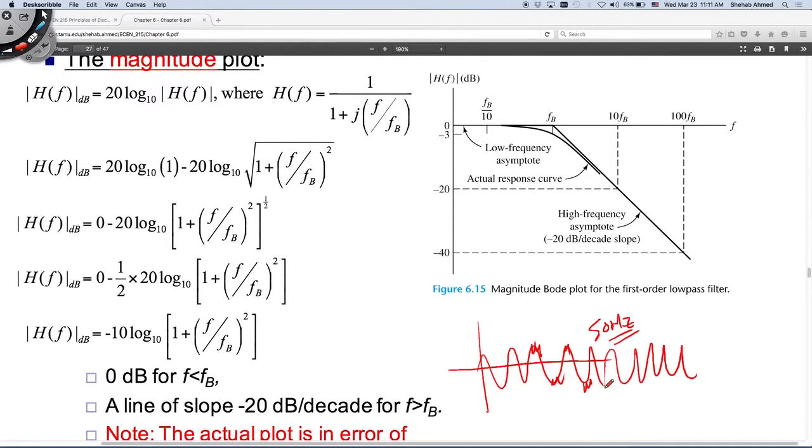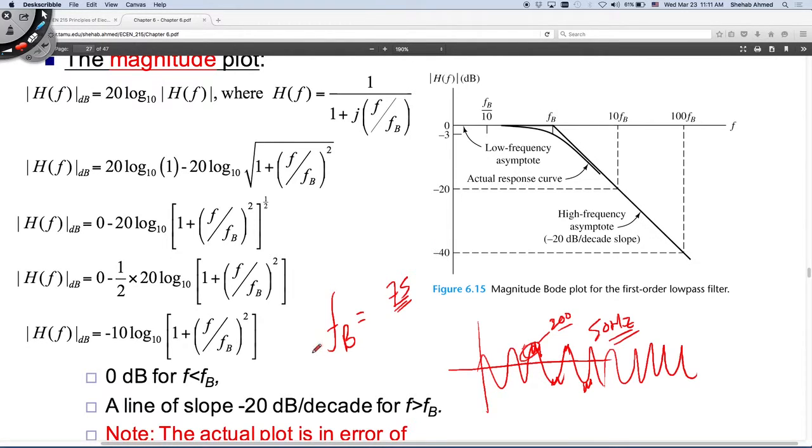I would choose FB. I want to let through everything until 50 Hertz, right? So I would choose FB to be something a little greater than 50 Hertz, maybe, I don't know, 75, for example, right? Because I know this ripple, for example, is at 200. I know my signal is at 50, and I want it to pass through with full gain, gain equal to 1 at 50 Hertz.